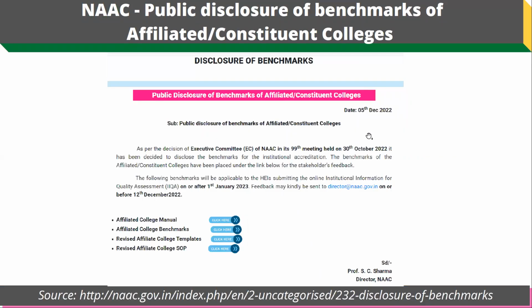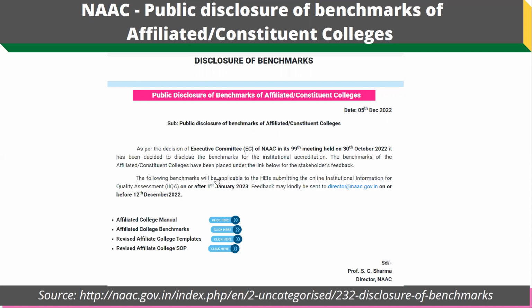This is the circular disclosure of benchmarks released by NAAC on 5th December 2022. This manual is related to affiliated and constituent colleges, which will be commenced from 1st January 2023.